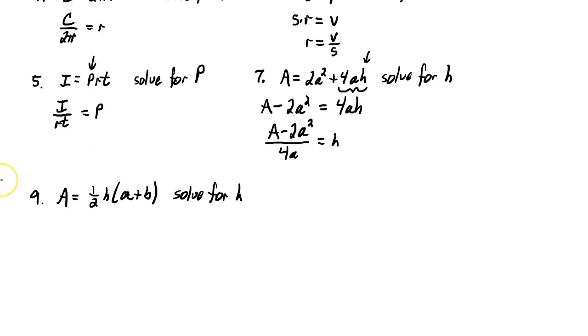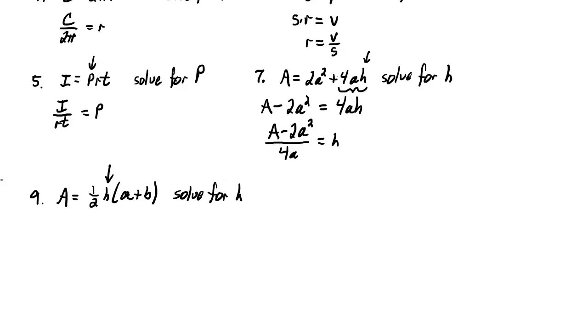Number 9. The area of a trapezoid shape is equal to 1/2 times the height times the sum of the top and bottom of the trapezoid. Solve for the height of the trapezoid. We want to solve for h, this one right here. We need to remove the 1/2 and remove the a plus b. Let's remove the 1/2 first.